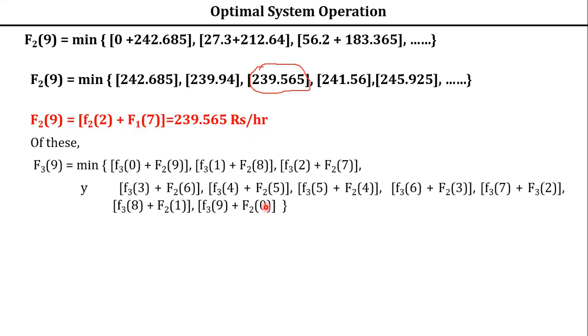Here also the same thing, whatever we have done here, find out the value of F2 of 9. Now in this combination, F3 of 0 is 0 and F2 of 9 is this one, 239.565. And F3 of 1, F2 of 8, you calculate it. Understood? Using that cost equation, you find out this one.